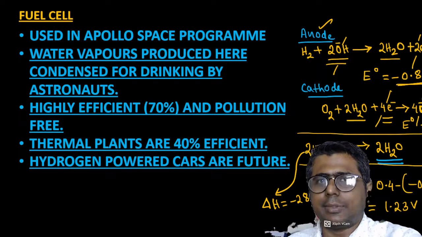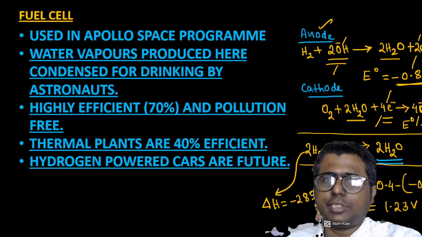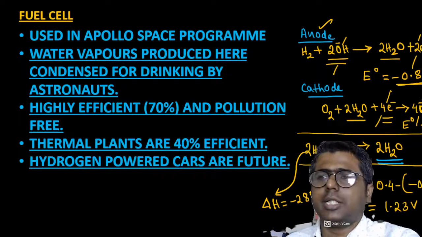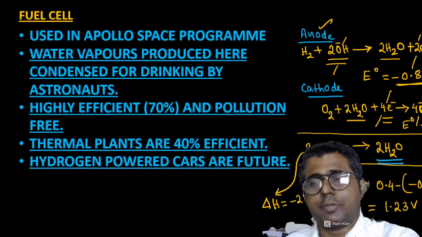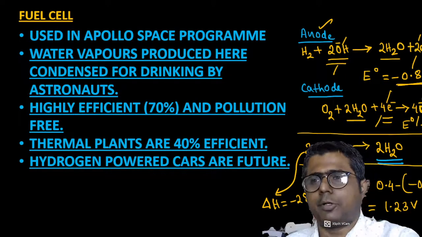So 83% is the maximum efficiency possible if all other efficiency factors are taken down to zero, which is practically not possible. In thermal power plants, the overall efficiency is 40%.